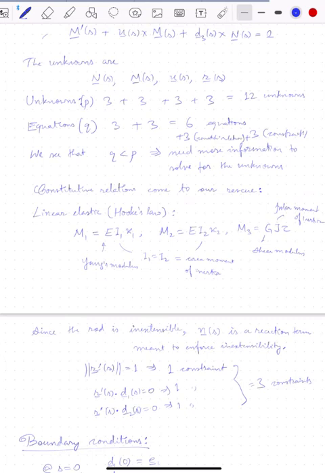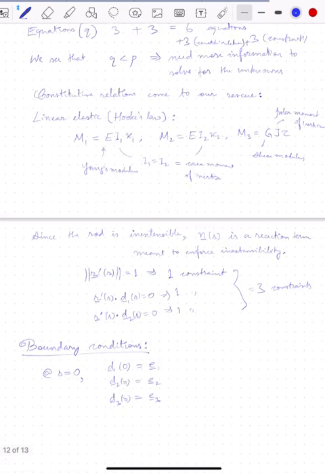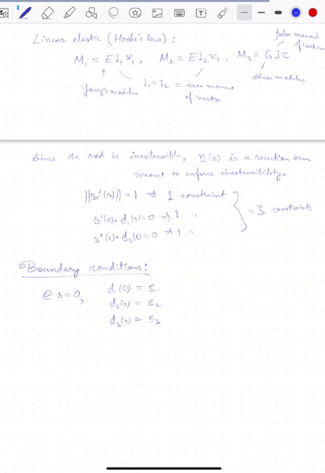So we are solving 15 equations at one go, which is quite a big set of equations. At S equal to 0, and also at S equal to L, we will also have conditions depending on loading scenarios. That's how we solve this problem.